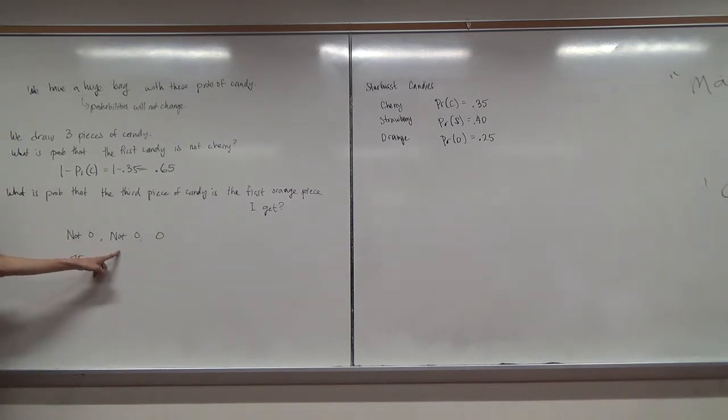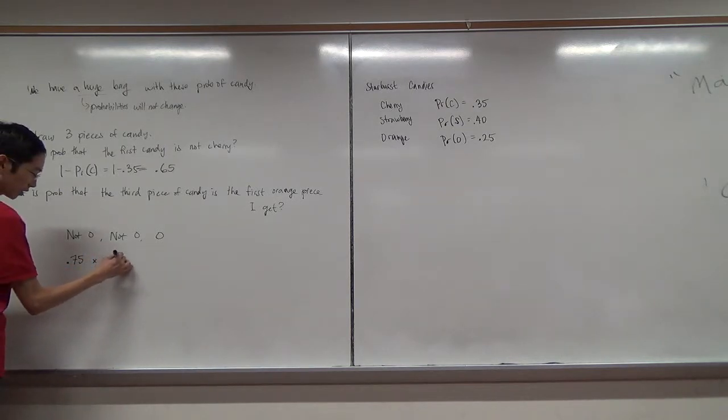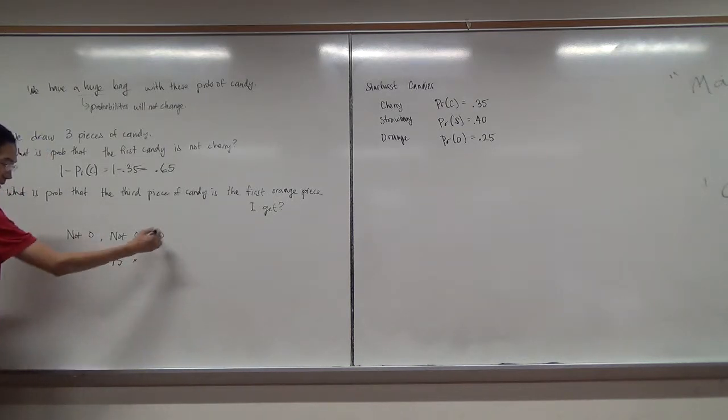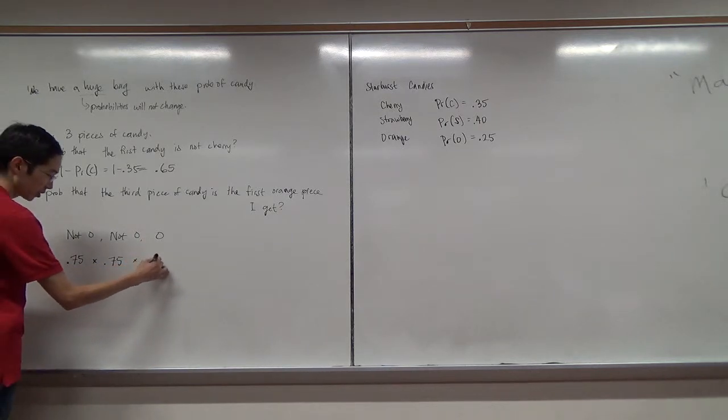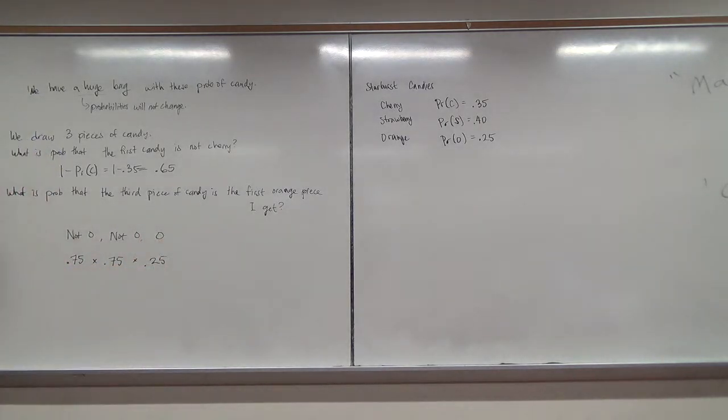The probability that the second candy is not orange is also 0.75, and the probability that the third candy is orange is 0.25. So the sequence is 0.75, 0.75, 0.25.